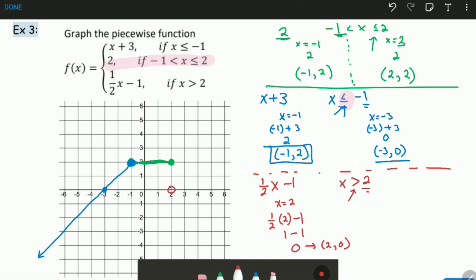Now we are looking at the greater than side. We don't have a second endpoint, so we're referring to this side over here. Now we can do this in one of two ways. In the last segment, I showed you that you can just pick an x value on the interval and use that. I can still do that, but you can also use slope.